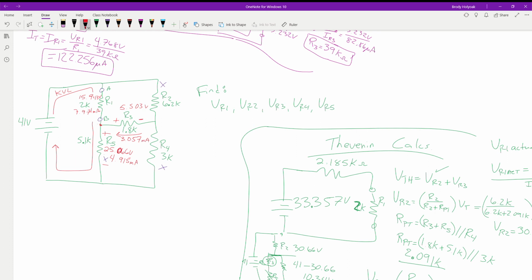So now we can go through any of our loops. We can either come down through R1, across R3, across R4, or we can come down and around. We'll just come across this way. So we have 41 here. We lose 15 here. We lose 5.5 there. What do we have left across this one?